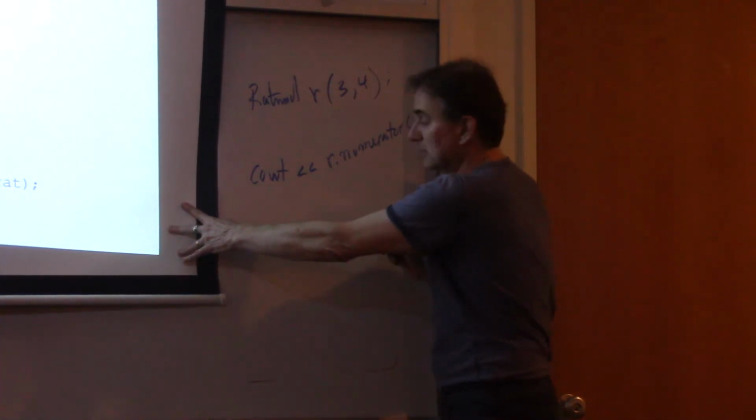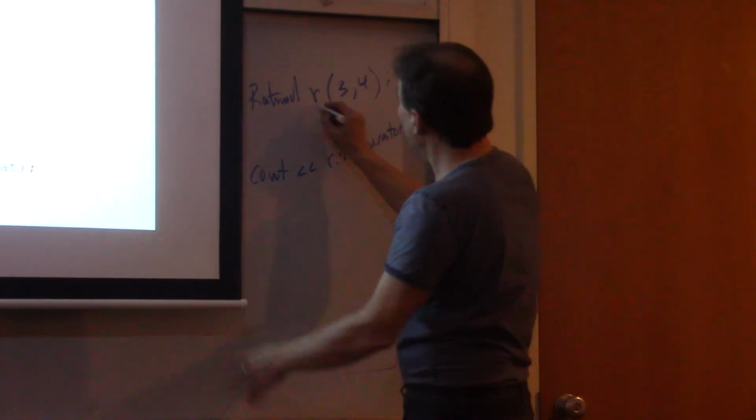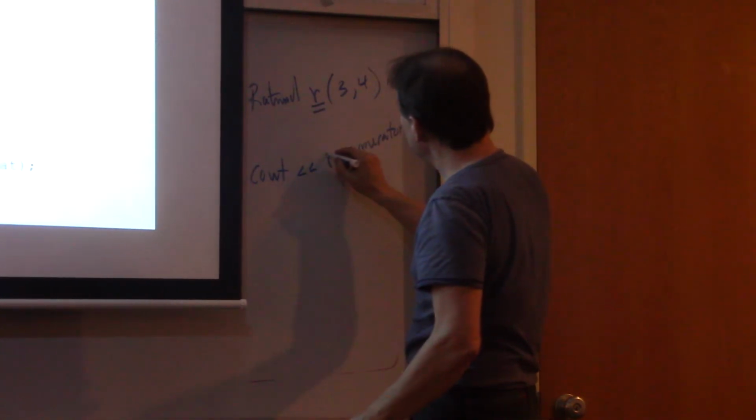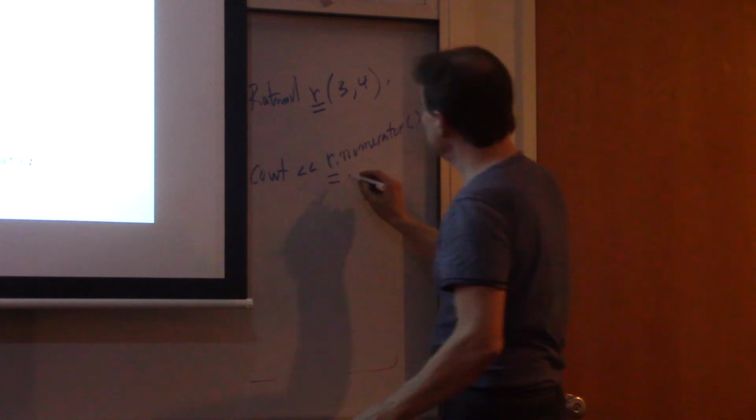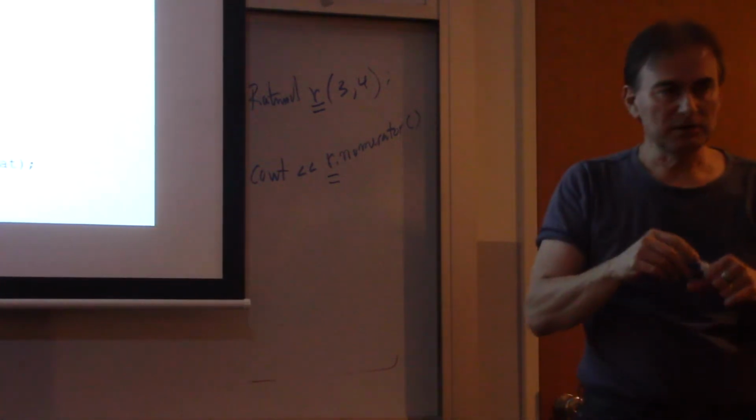Okay? Are you with me? So R is a rational object, and then I'm using R again, but this time R is calling this method.